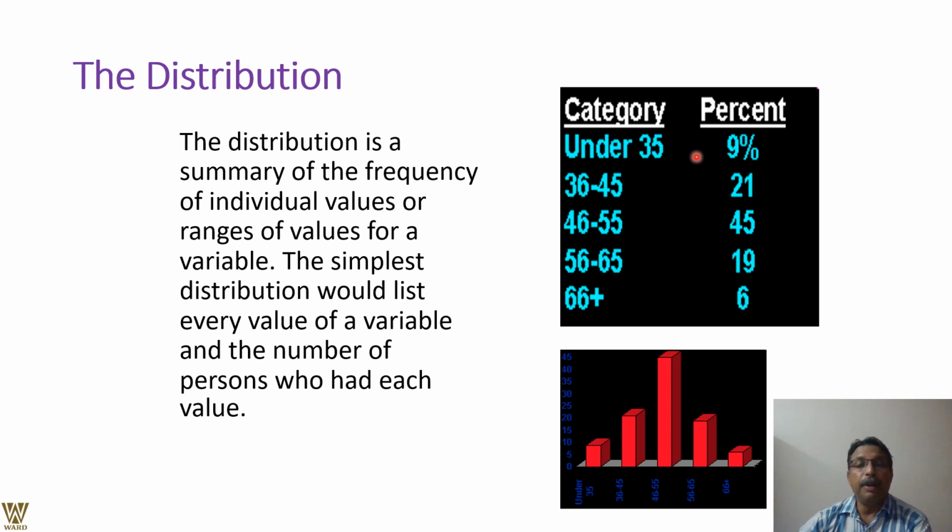Between 36 to 50, the category might be ages, marks, or weight, whatever you look into, you will see more or less a bell curve coming around, skewing from 9% to 6% in the corners. In between is 45%, the 46 to 55 category bracket. So that's the bell curve that we are looking at here. This is the data, and this is the pictorial representation of this data.